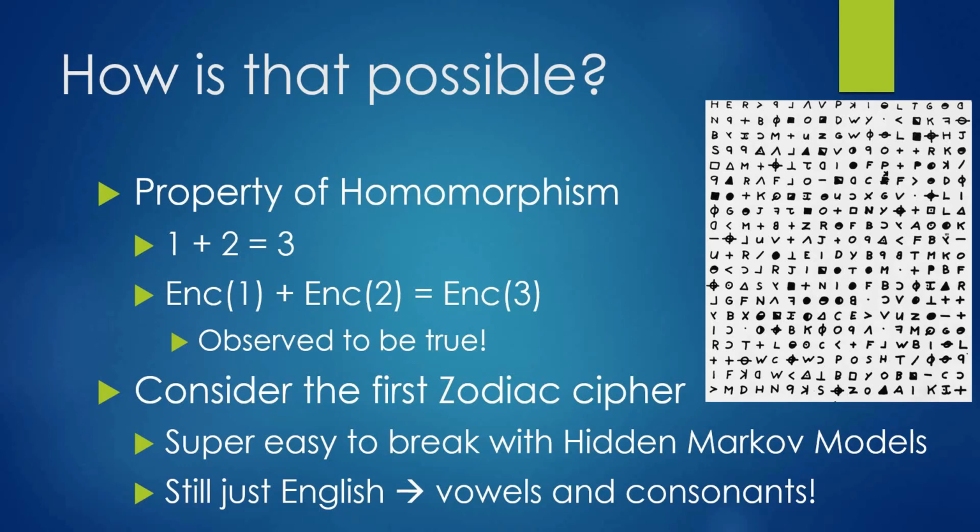But really, this follows the principles of homomorphism because we observe that there is a fundamental connection between how we would normally interpret this cipher, how we would normally interpret the message hidden in this cipher, and how the cipher itself is constructed. That is the key there.